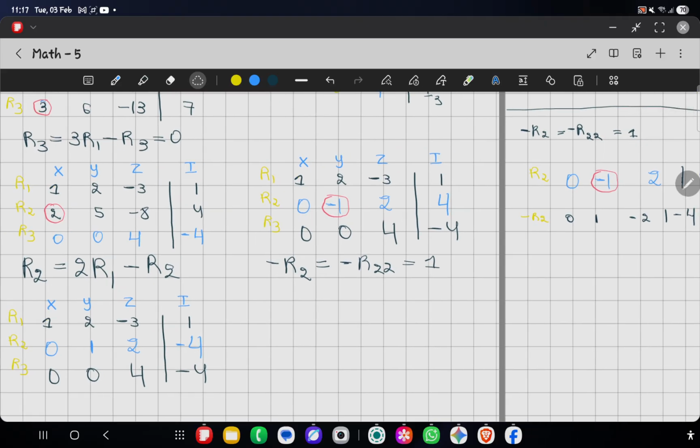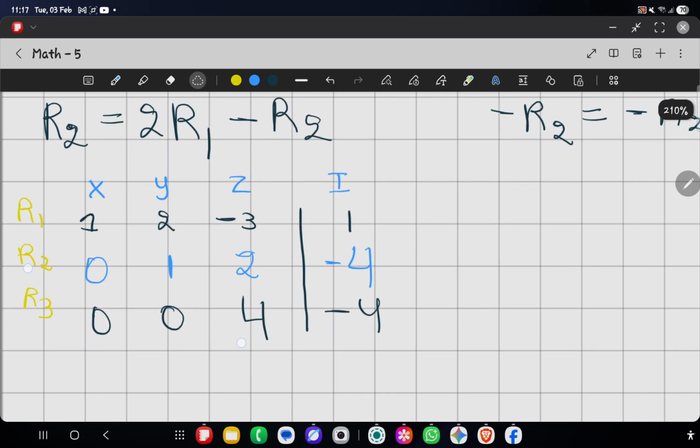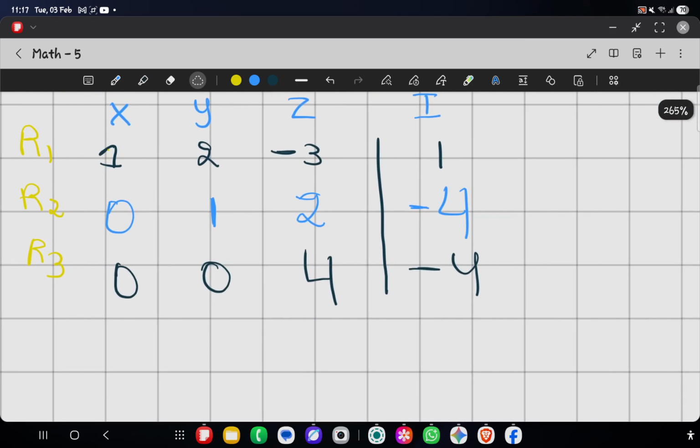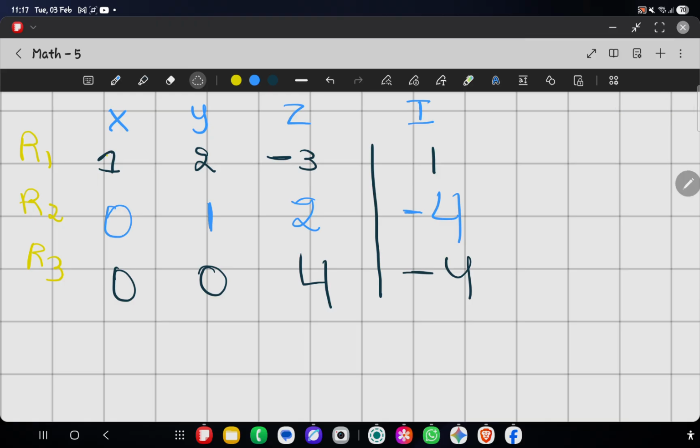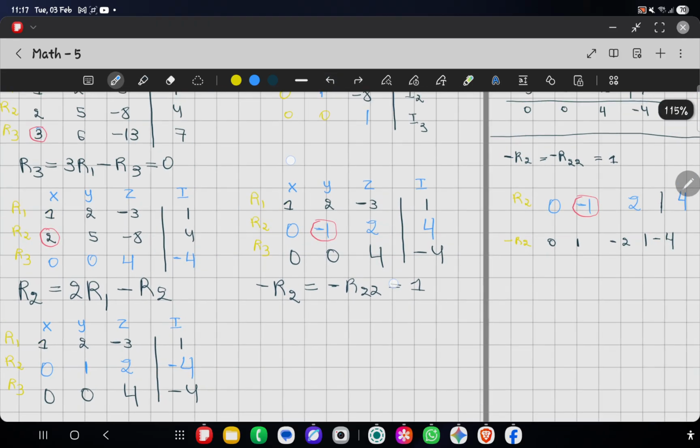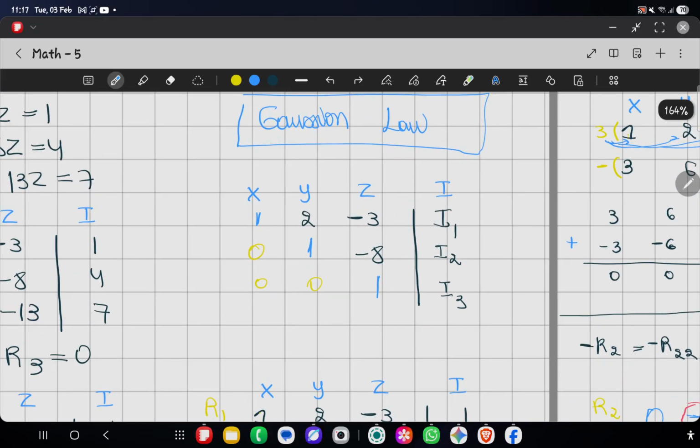So this is our new matrix. What we can do, we need to convert one of these two into 1. And for now we're going to focus on turning this one into 1.